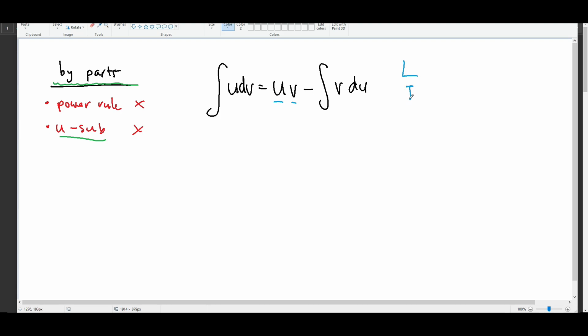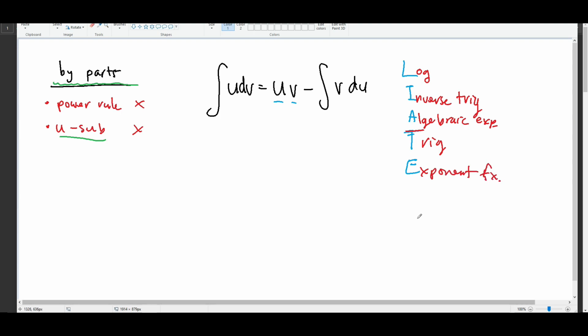So we got LIATE. L stands for log, I stands for inverse trig, A stands for algebraic expression, T stands for trig, and E stands for exponential functions.